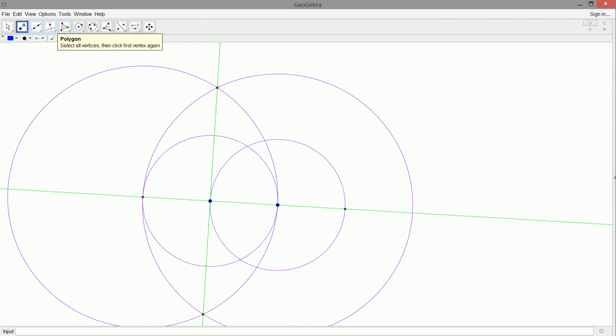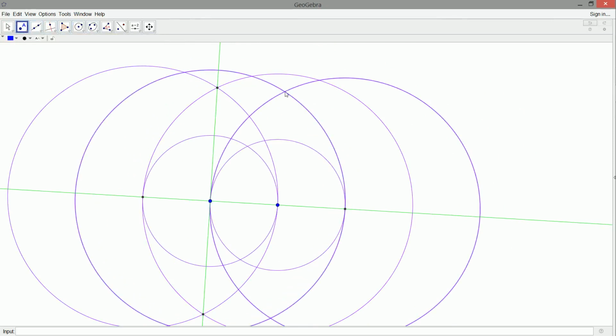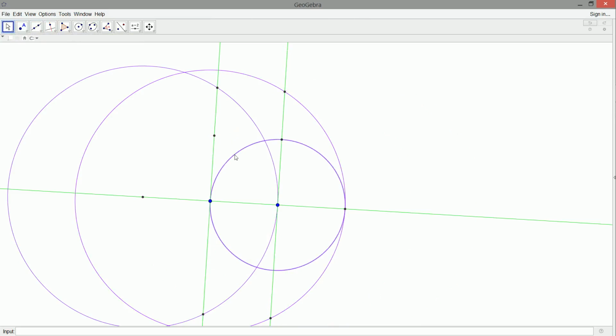So there's one perpendicular line, and now we need the perpendicular line going through our second point. Fantastic. And now these circles here give us the other points that we need. So let's make most of this invisible so as not to detract from what we're going to do.